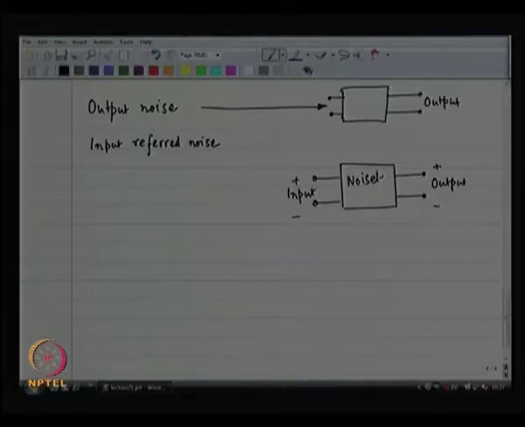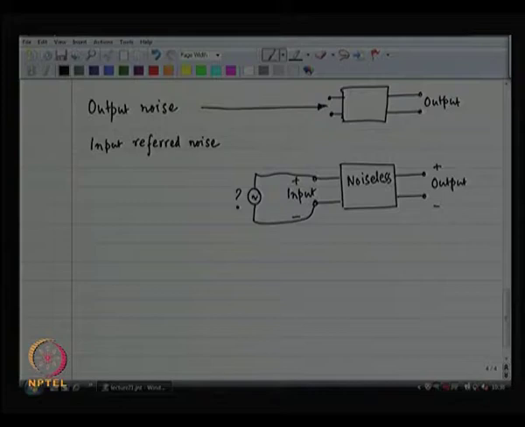assume that all of these noise sources are not there, that is, assume a perfect noiseless system. The question is, what should be your voltage or voltage squared at the input, such that you get the same voltage or voltage squared at the output as before?